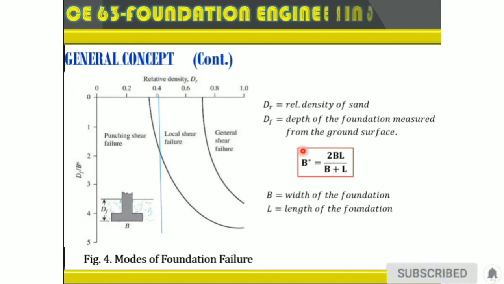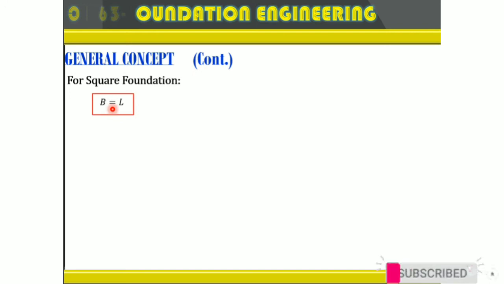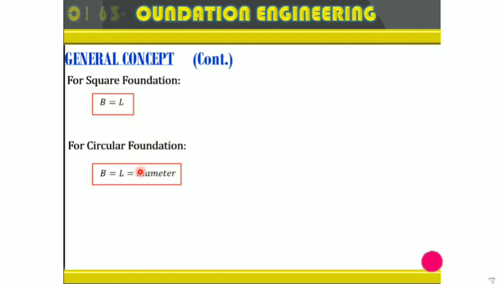Okay, so proceeding, we have those values for a square foundation. Your width is simply equal to your length, and for the circular foundation, your width is equal to the length, and this is equal to the diameter of the circle.